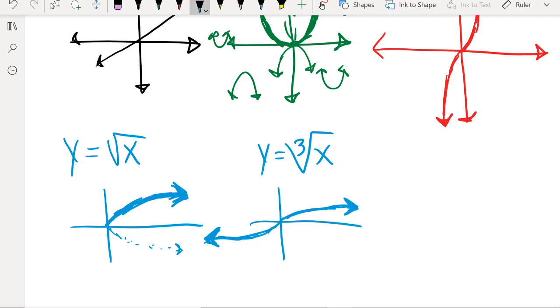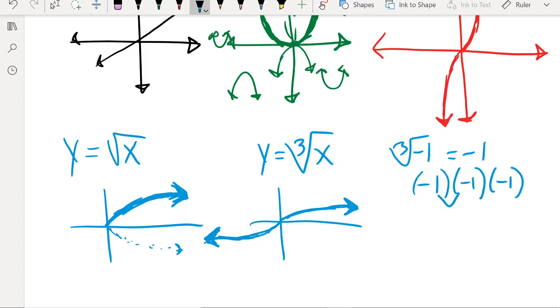For instance, the cube root of -1 is -1, because -1 times -1 times -1 is actually just -1. So, oops, sorry, +1 and -1 make a -1. So you just end up with a full-on graph for y equals the cube root of x.